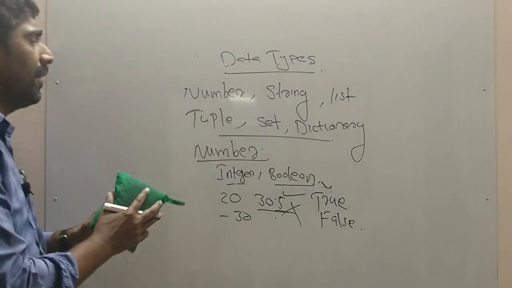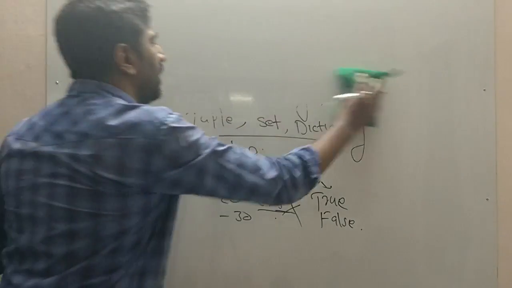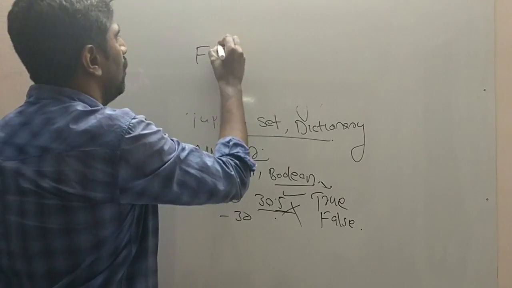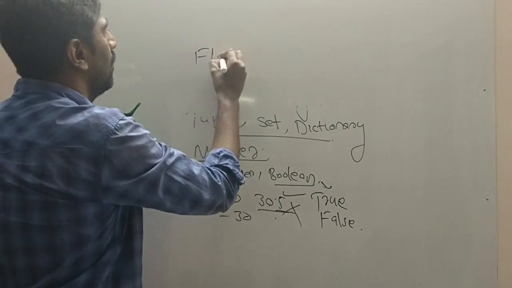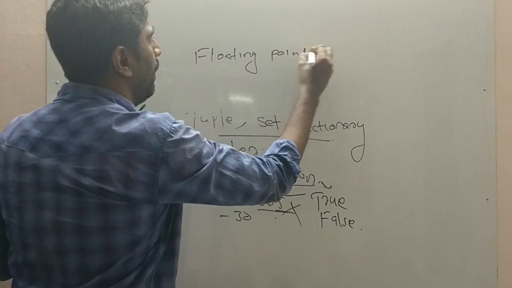So in the number data type there is one more category, floating point numbers.